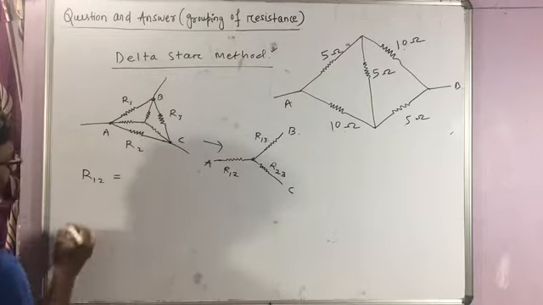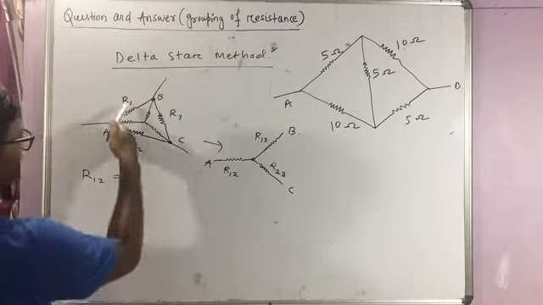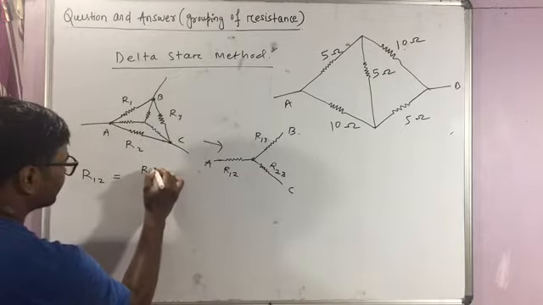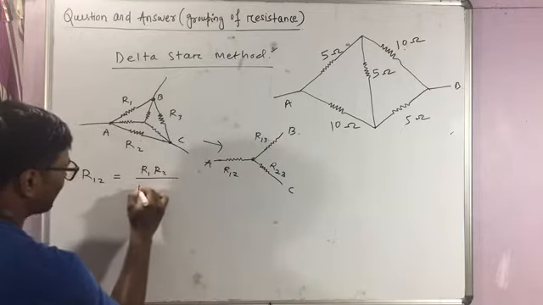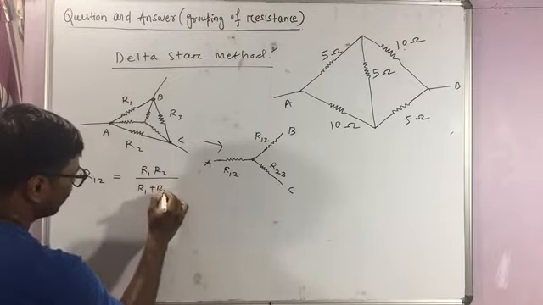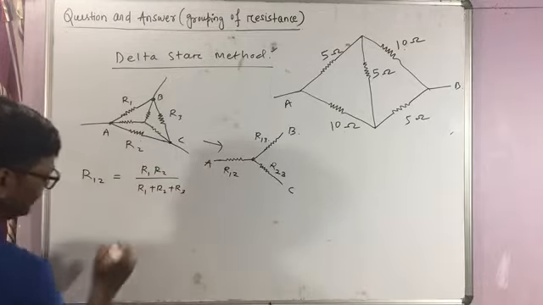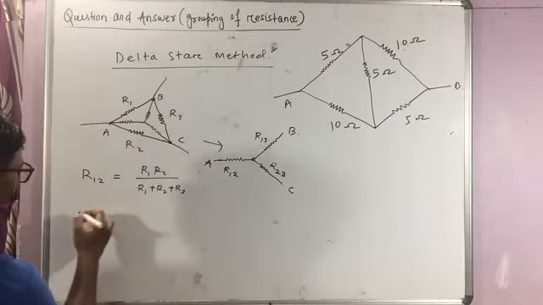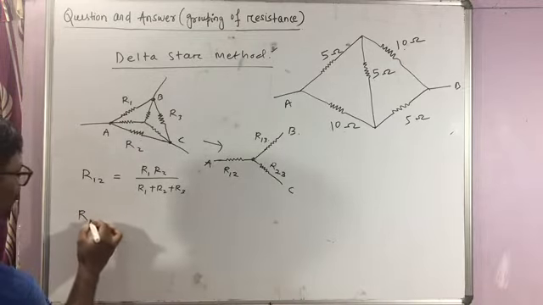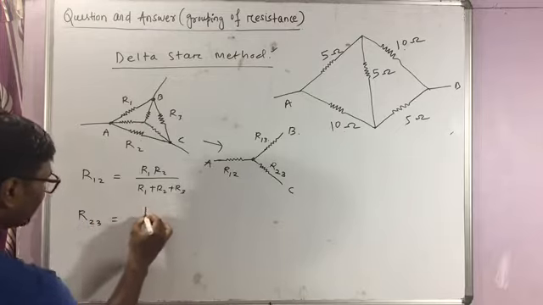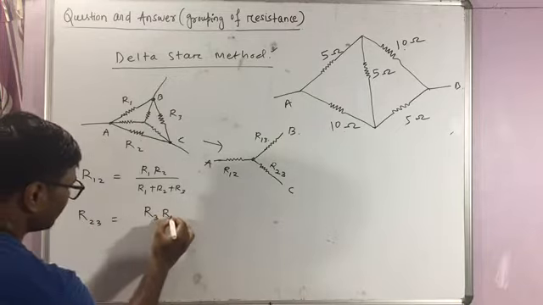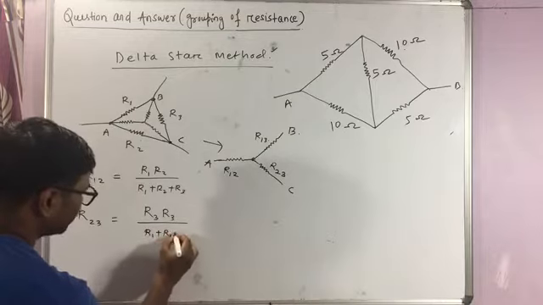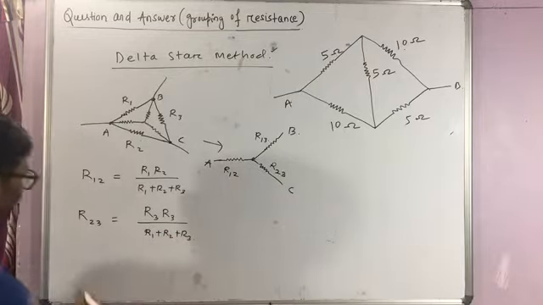R12 is what? You see the three resistances R1, R2, R3. R12 is the product of R1 and R2 divided by R1 plus R2 plus R3. Similarly, R23 would be R2 into R3 divided by R1 plus R2 plus R3.